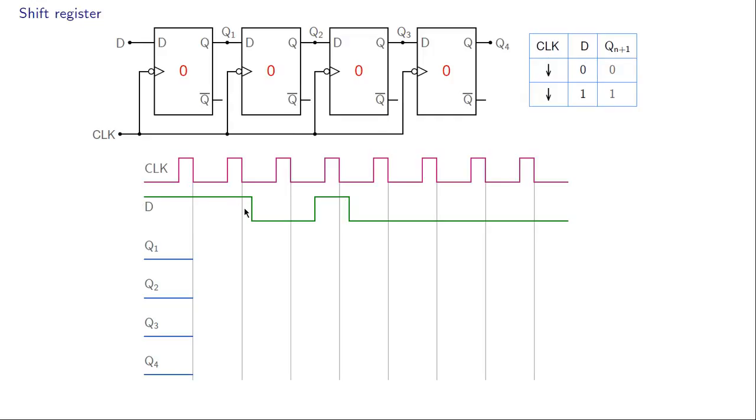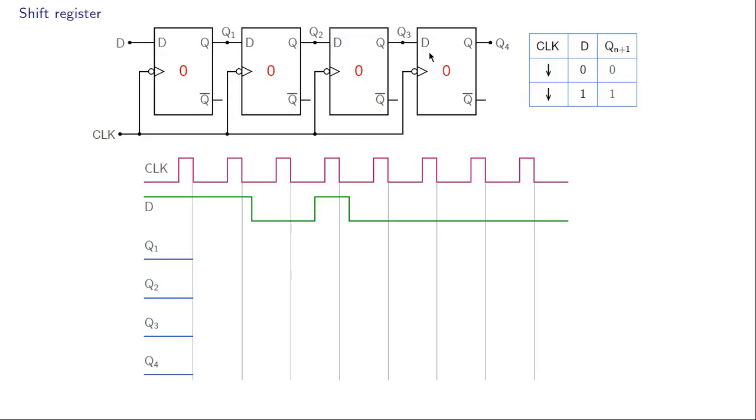This D input is applied to the first flip-flop. So this D is shown over here, and that is connected to this D1. The output of the first flip-flop, Q1, is connected as D2. Similarly, Q2 is connected as D3 and Q3 is connected as D4.